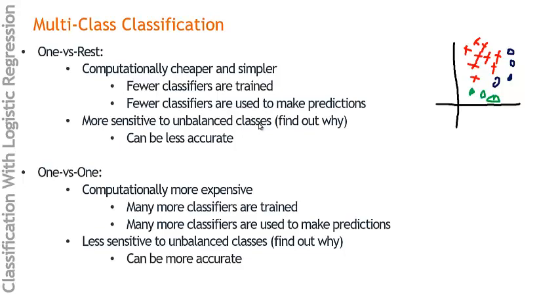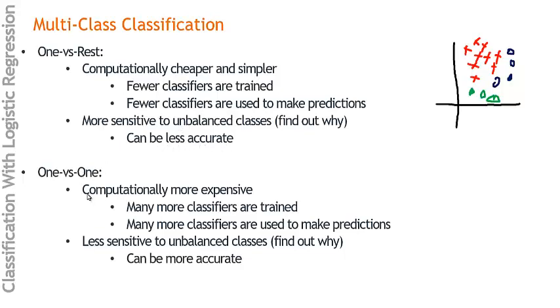But you can imagine a case where one class may have hundreds of instances and the other class just has a few. And of course, that's going to favor a determination of being in the larger class. So that is an issue in classification when you have unbalanced classes. So this is a simpler comparison, but it can be less accurate.